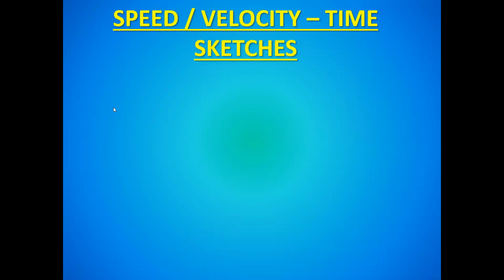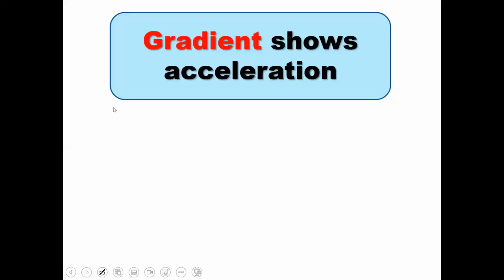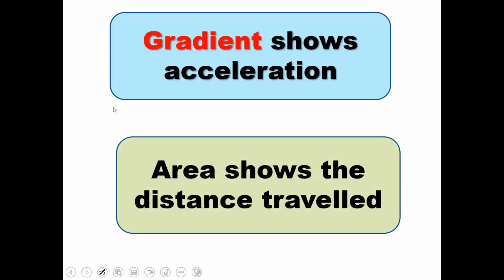Now, first point I'm putting here: speed or velocity time. Gradient shows acceleration. Area shows the distance traveled. You have to copy this screen now.